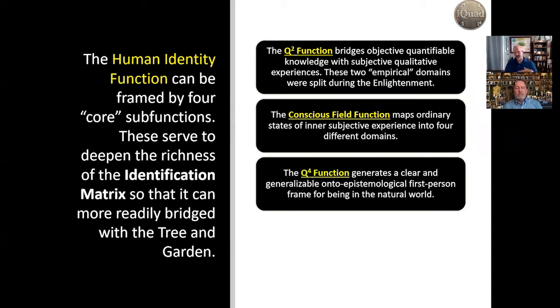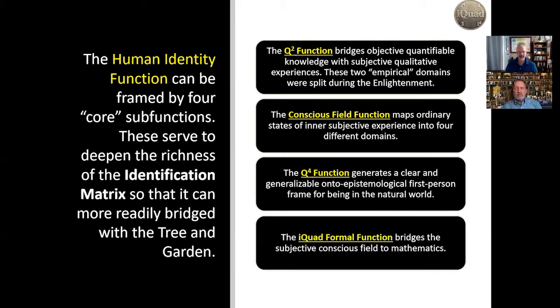Then from there, we go into the Q4 function, and this generates a clearer, generalizable, ontological and epistemological first-person frame for being in the world. I think you and I can both appreciate this, because this is basically UTOK integral. It's a UTOK integral interface. I'll explain that in more detail, but that's the Q4 function.